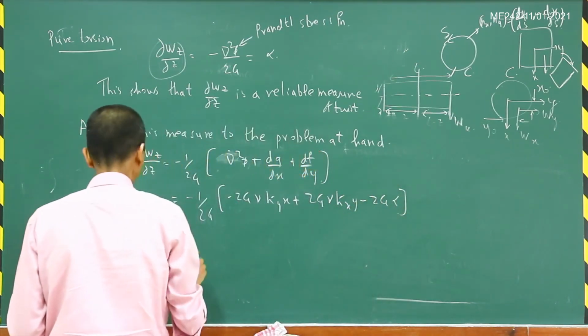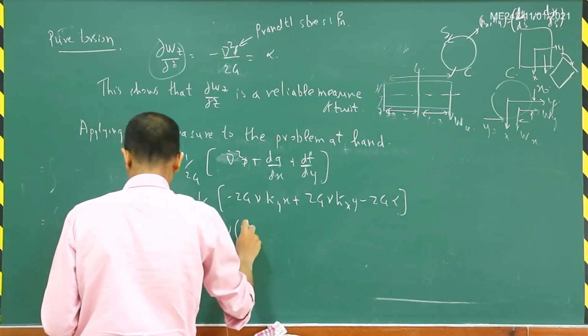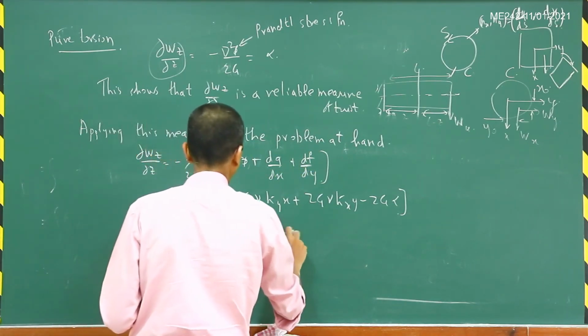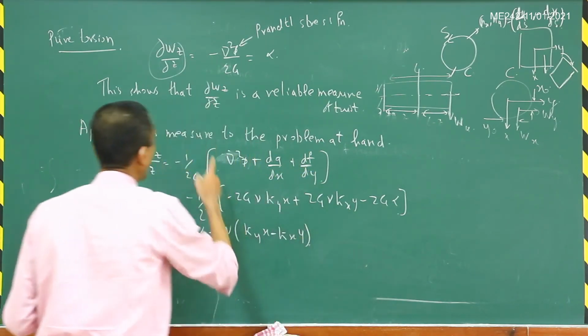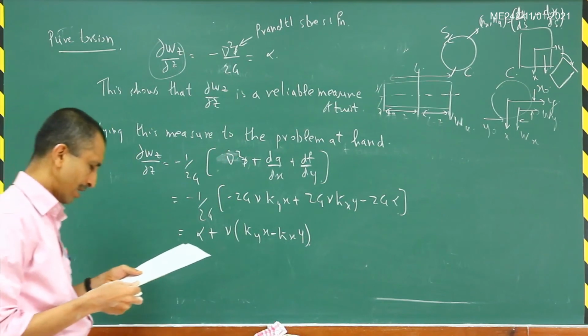And if you simplify this further, you will get alpha plus mu times kappa y x minus kappa x times y. So for the problem at hand, this is the twist that you get.